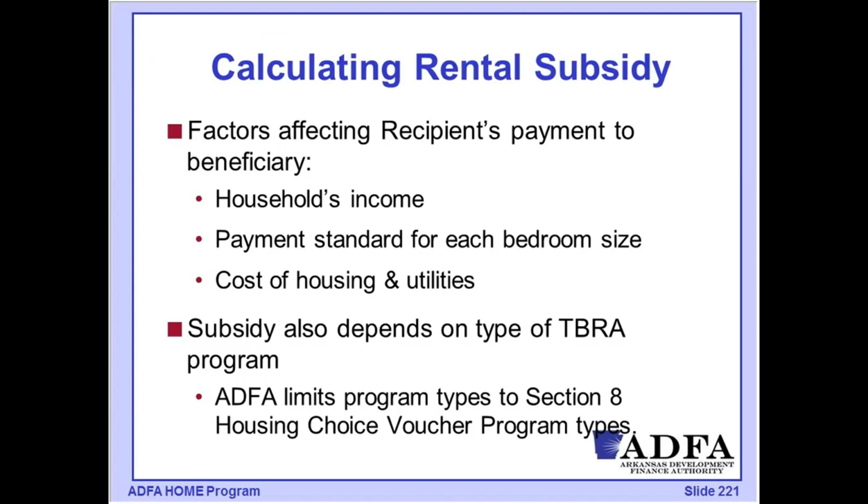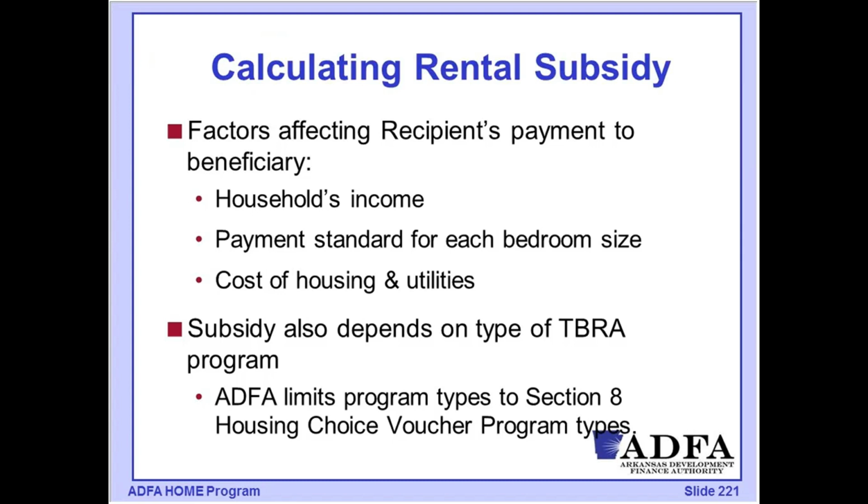Now we're going to talk about how we calculate the level of assistance that's going to be provided to that household. So some of the factors that we're going to be evaluating as part of this is the household's income. So really looking at what is going to be affordable for them to pay their share of the cost. We're also going to be setting a standard in place of what we think a reasonable unit is as far as costs, and then looking at the cost of housing and utilities.